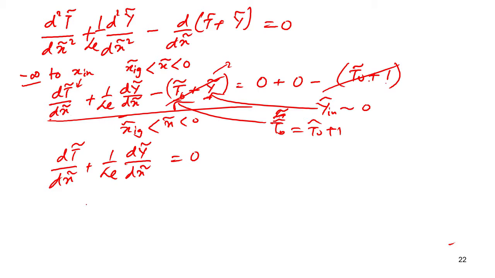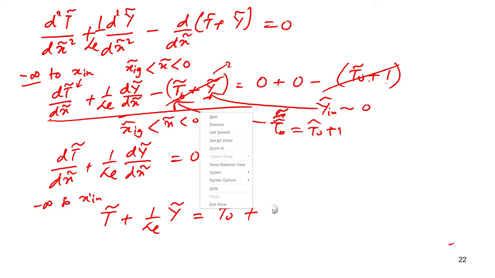Now, if you integrate this equation again from minus infinity to x_ig, x_in, like what we did before, we get T̃ plus 1 by Lewis number Ỹ_in is equal to, your T̃ is T̃u, plus 1.